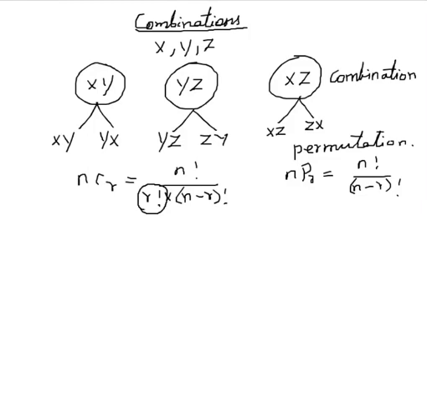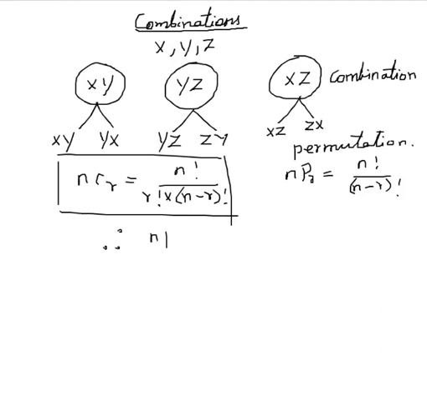Therefore, the nCr formula is n factorial divided by r factorial times n minus r factorial. Therefore, we can say that nPr is equal to nCr times r factorial.